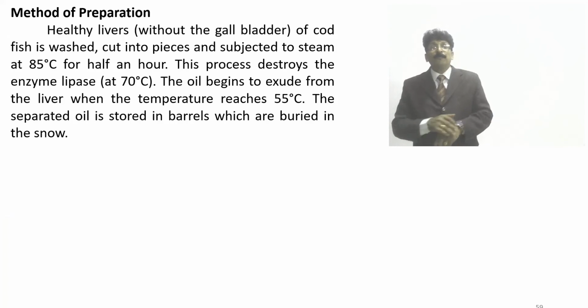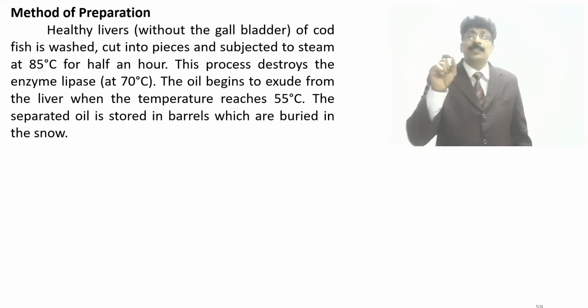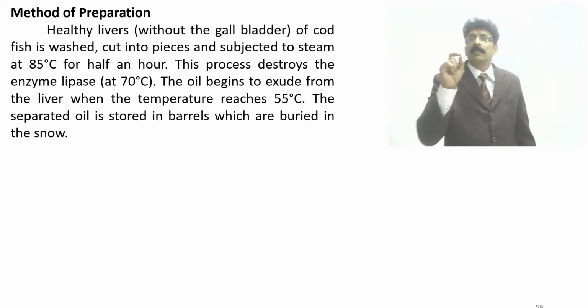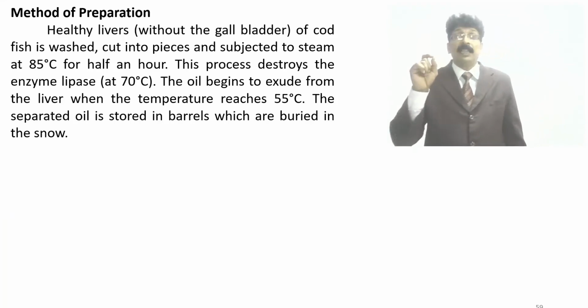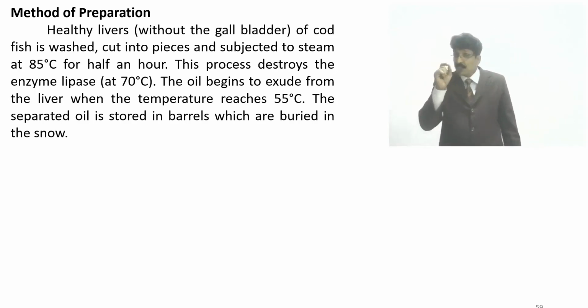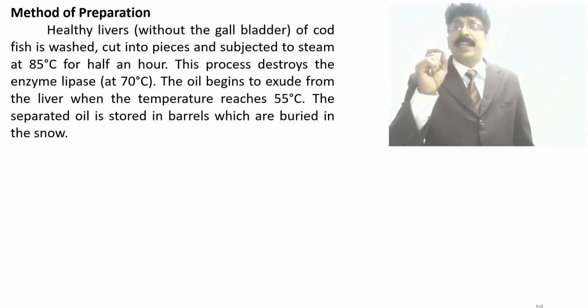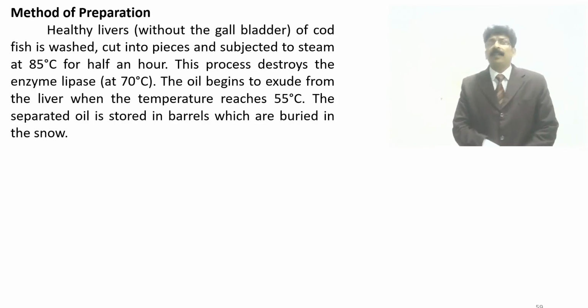Method of preparation: healthy livers of this fish are taken without the gallbladder. Only the liver is taken from the codfish, washed, cut into pieces and subjected to steam at 85 degrees centigrade for half an hour.